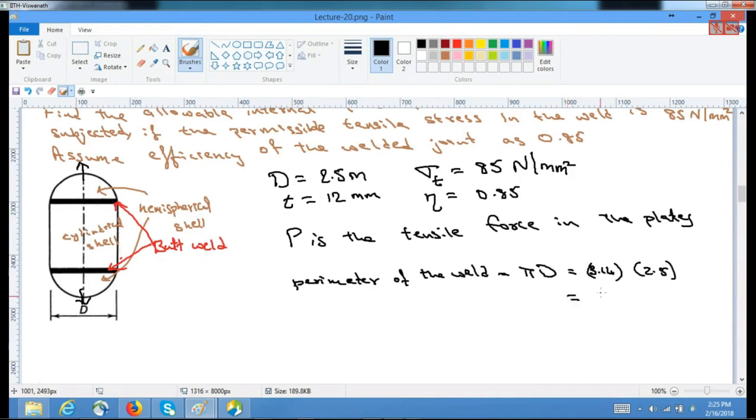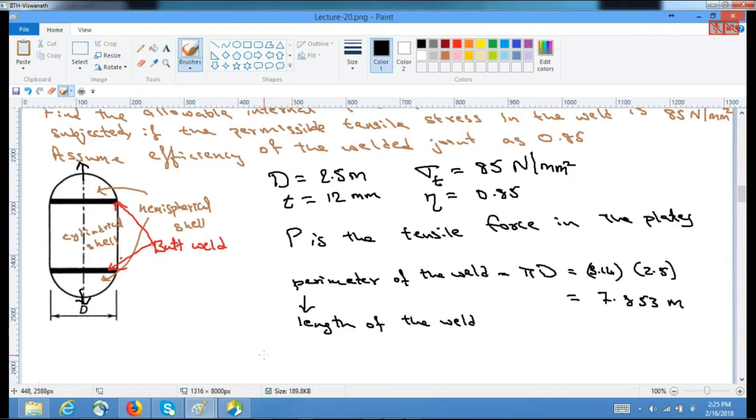That comes out to be 7.853 meters. Now the length of the weld, right?